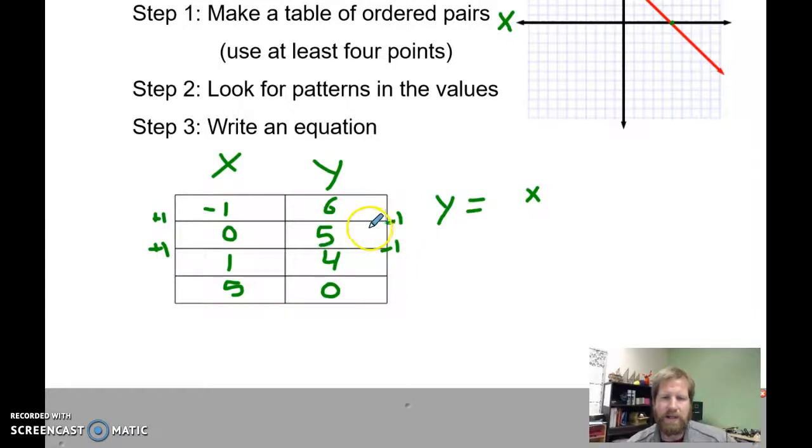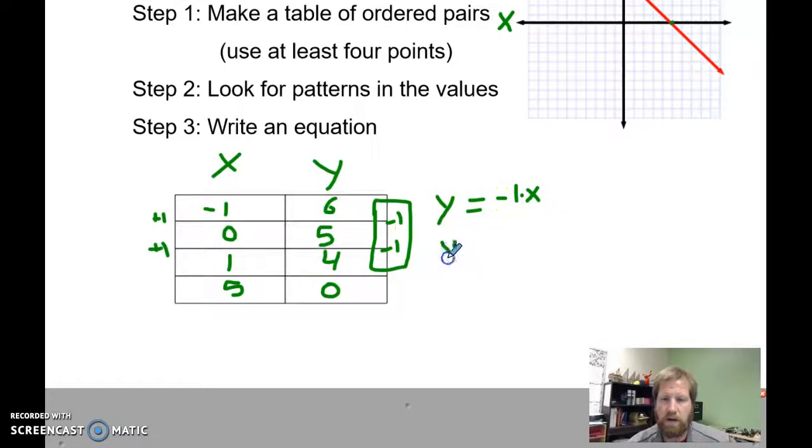And just like in the last video where we saw y increasing by 3, whatever the pattern for y either increasing or decreasing, whenever x is increasing by 1, that's going to be our coefficient, or what we put next to x. So that's what's being multiplied by x, is -1.